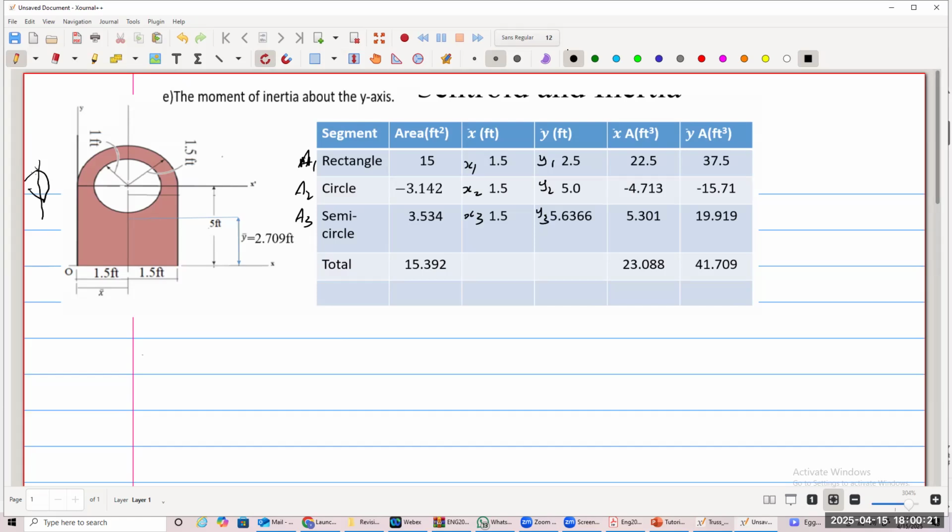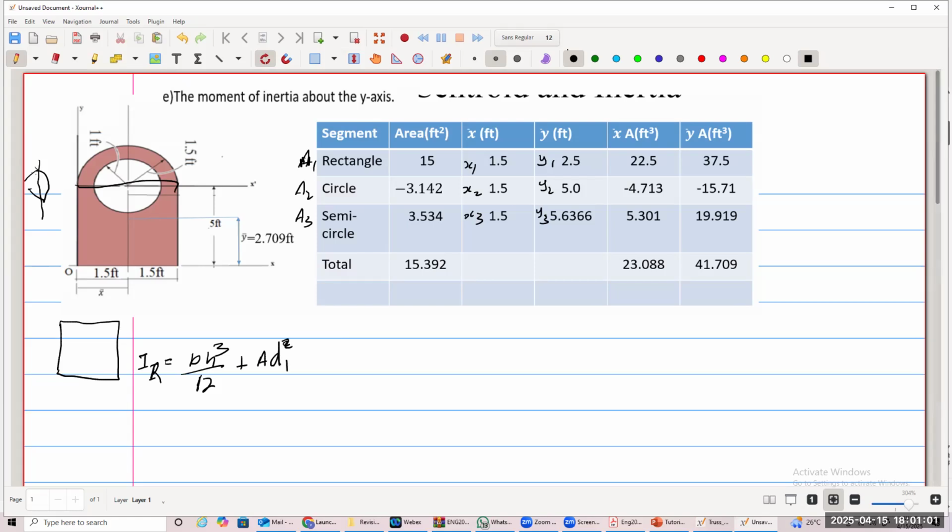So the first one, for the rectangle, the inertia is going to be equal to b h cubed upon 12. That's the formula for the rectangle, across here, plus area times d1 squared.